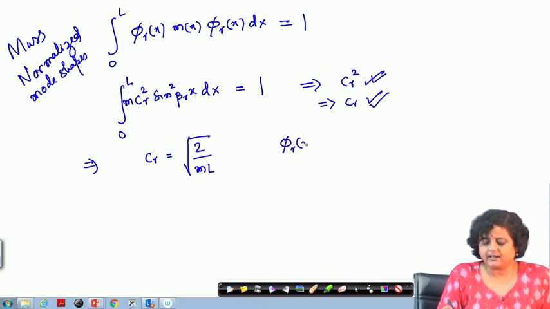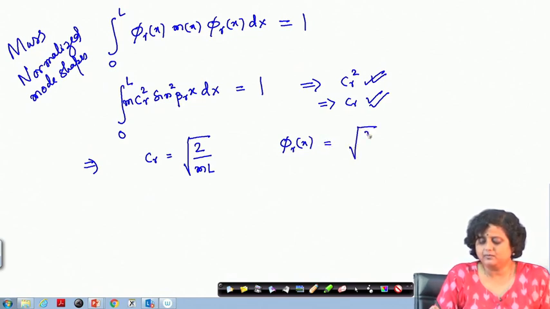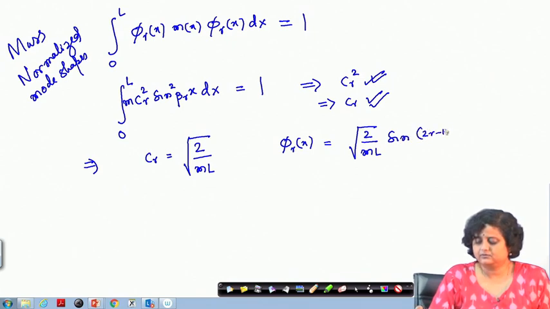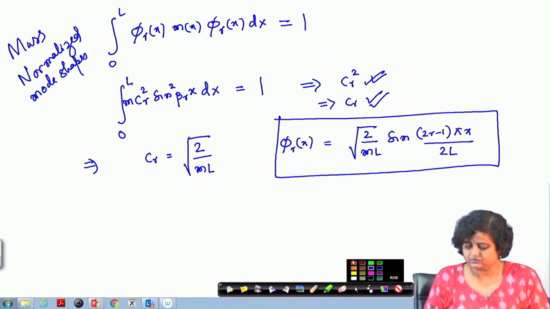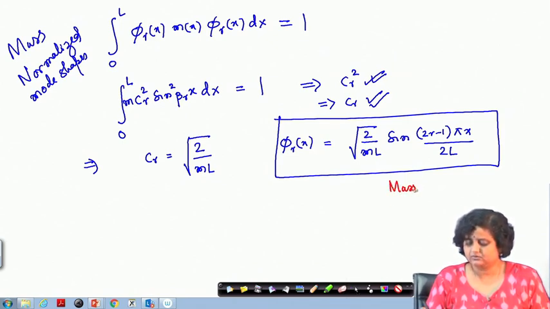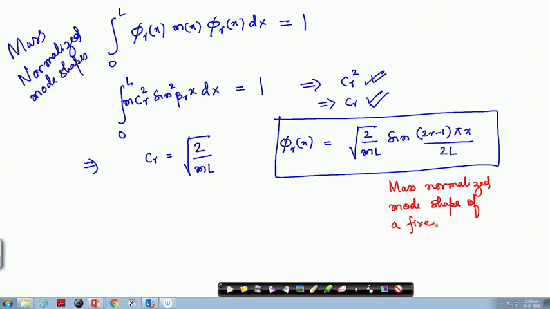Therefore, phi_r(x) is going to be the square root of 2 by mL times sine, so this is the mass normalized mode shape.